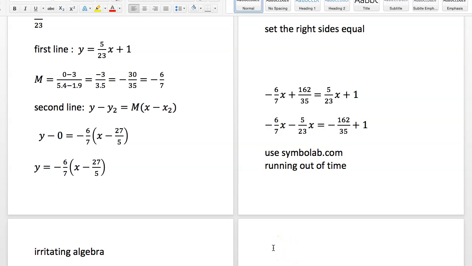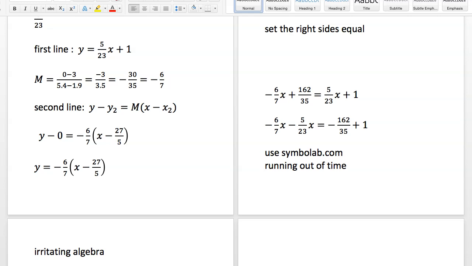Okay, negative 173 over 161, and that x would go on top, but I'm using the ugly editor. And then you'd get, now negative 162 plus 35 is negative 137 over 35.